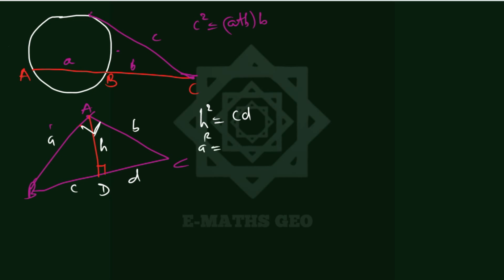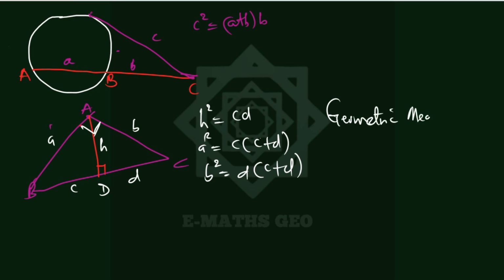Also, A squared is equal to C times C plus D, and B squared is D times C plus D. That's the 3 geometric means.